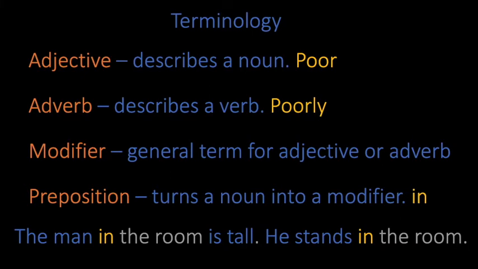In the sentence, he stands in the room, in is combined with room to make a kind of adverb, a modifier describing where he stands. The noun used with the preposition is called its object. The combination of the preposition and the object is a prepositional phrase. And, as we have seen, prepositional phrases can be either adjectival or adverbial. So enough with the terminology, let's proceed.